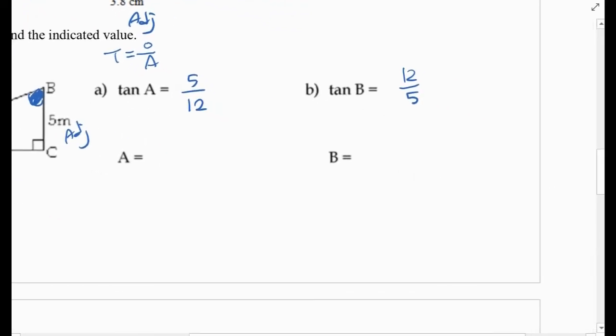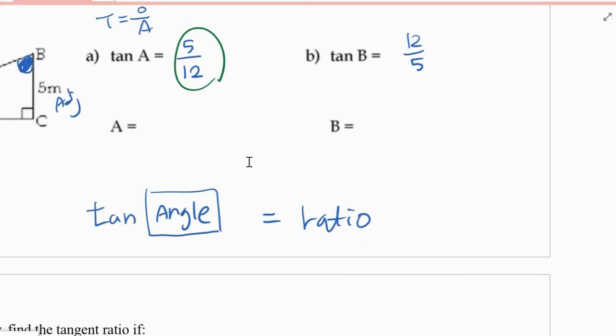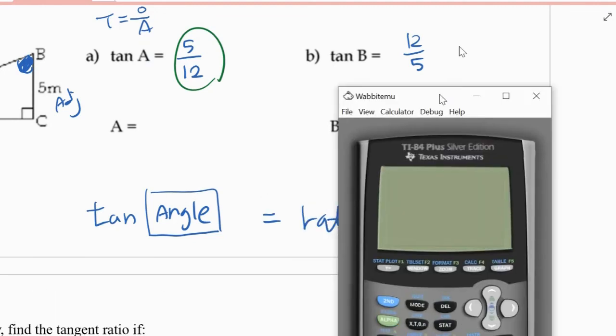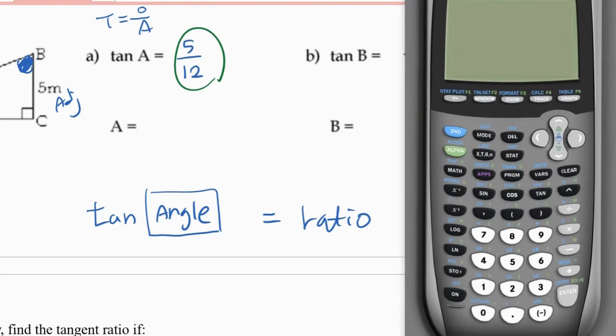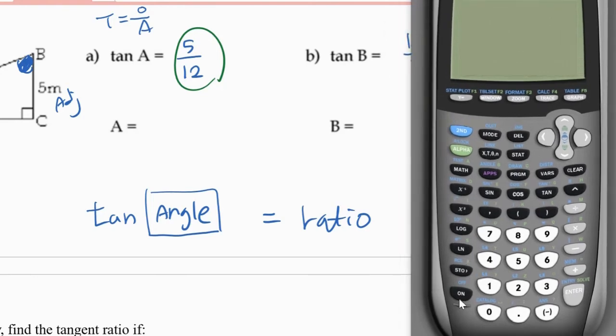And now we have to find the angle measure. Again, everyone, remember, tangent of the angle becomes the ratio. Do you remember how you actually found it? You use the inverse tangent button, right?